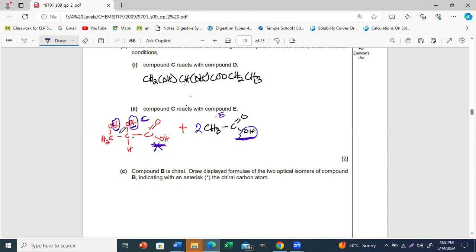Let me use this space for now. Arrange it the way you know it can work for you. Always start with your carboxylic acid: CH3CO.